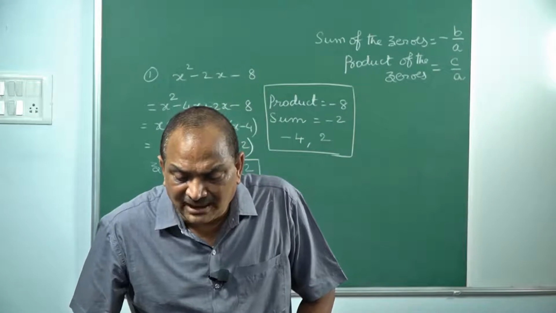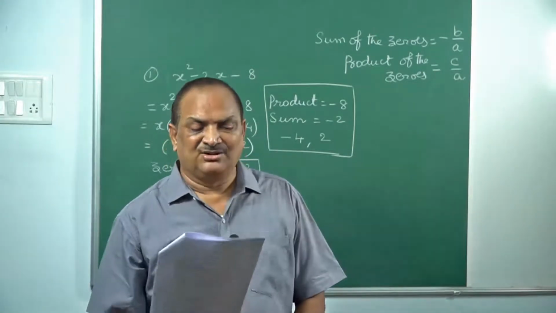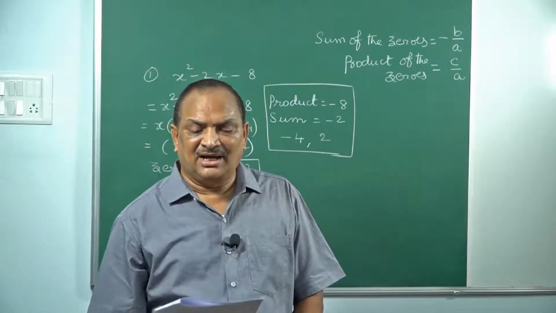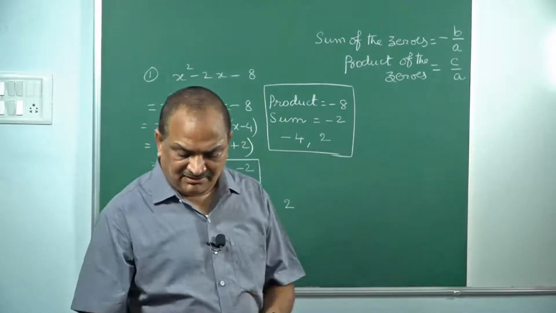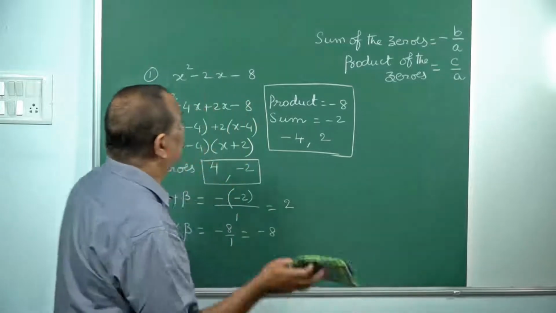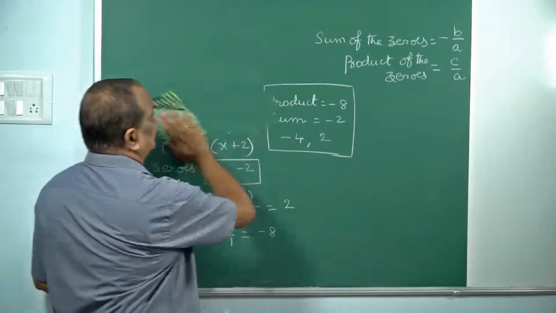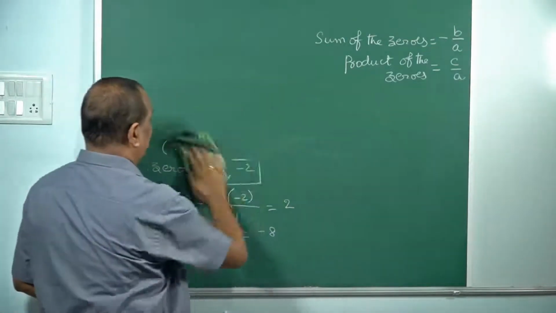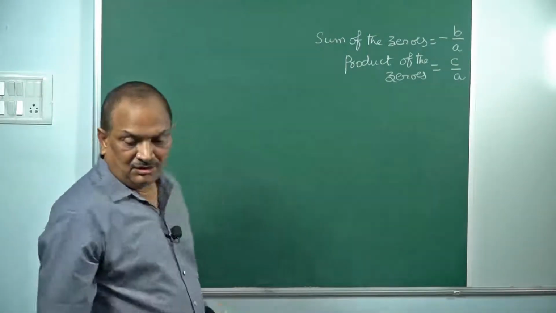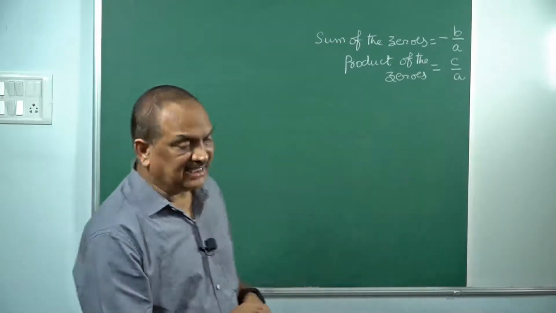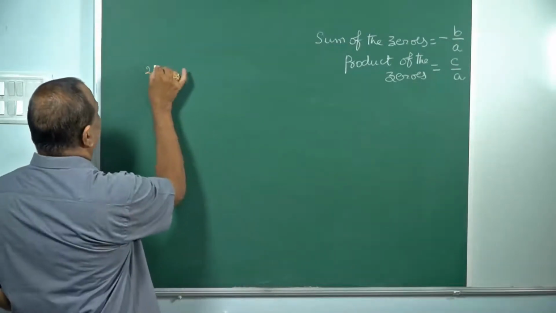I just take 4a square plus 8a, and you have to find out the zeros and find out the sum and product. I just take the next problem. I am given 4a square plus 8a. This is a very simple question.